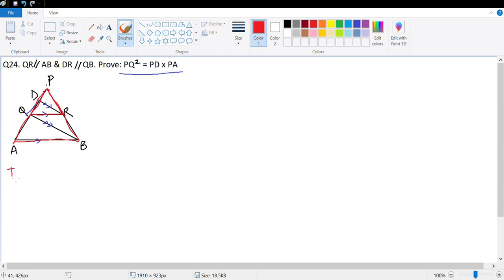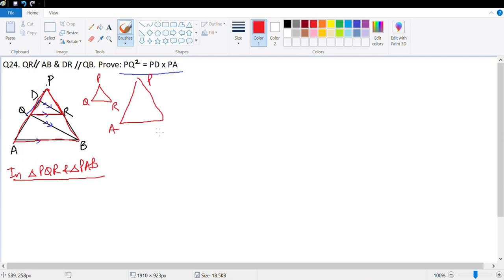So in triangle PQR and triangle PAB, these two triangles have one thing in common, which is the angle P. This is PQR and this is PAB, and we've been given QR and AB are parallel. Angle P is common, so angle Q and angle A here would be equal because these are corresponding angles. So this angle here and this angle here are equal.